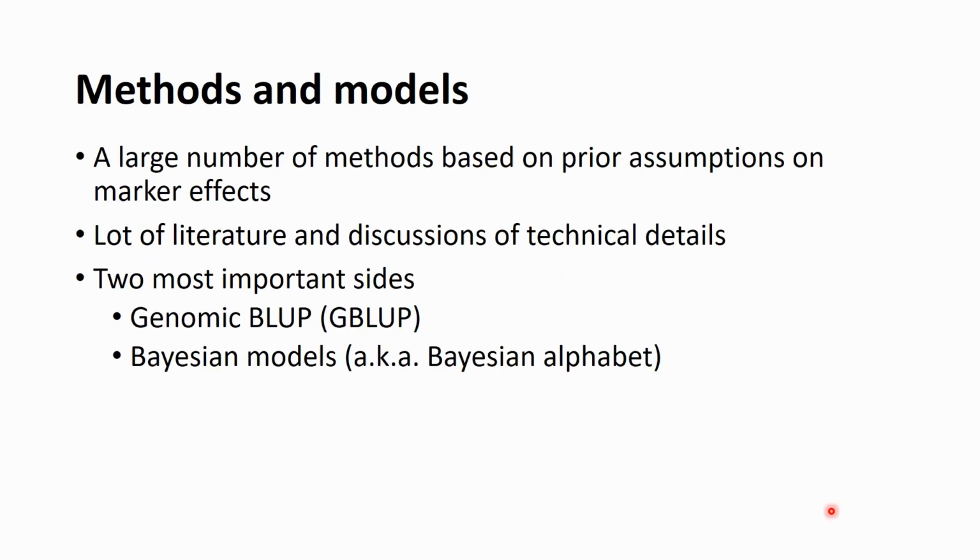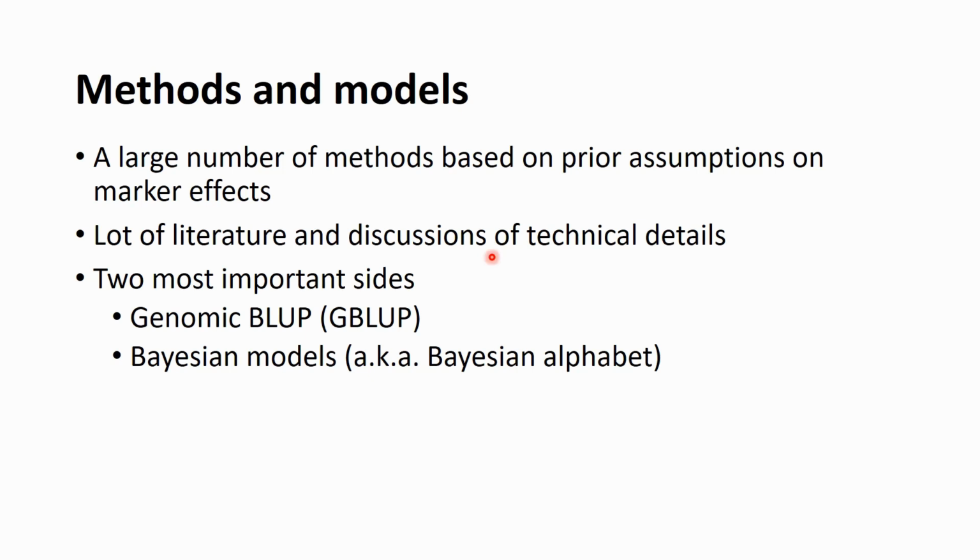Well, there is a lot of literature about methods and models that are used in genomic selection, and a lot of them have a lot to do with prior assumptions on marker effects. As I mentioned, there is a lot of literature, discussions, technical details. So if you're interested in this stuff, for sure you find a lot of reading material. For the purposes of this presentation, I make it very simple.